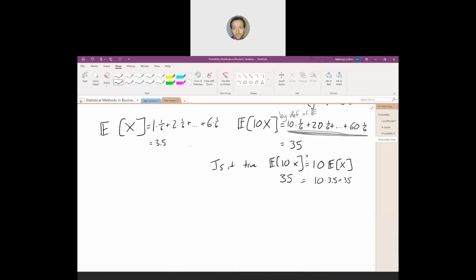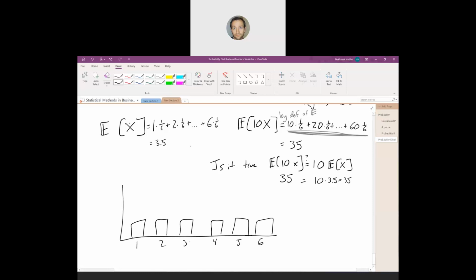I'll go back to this sort of pictorial way of looking at it. Here, the expectation is where the amount of mass is equal on the left and the right-hand sides.